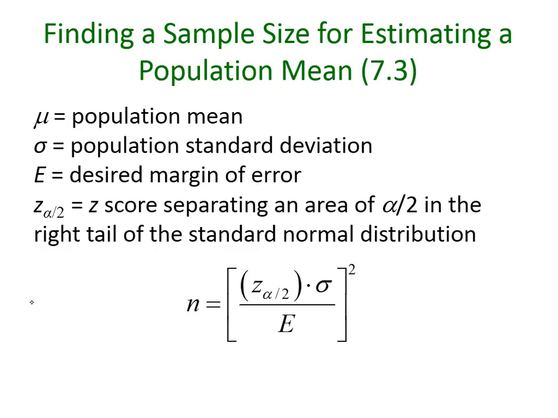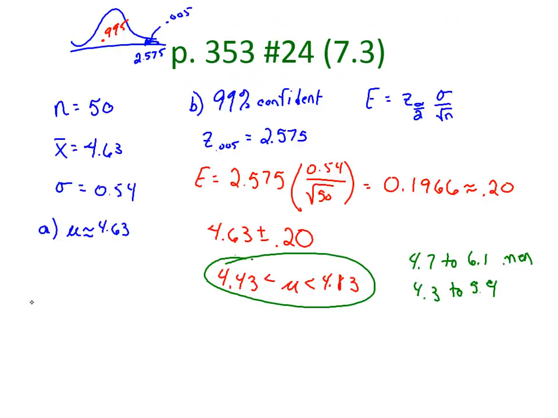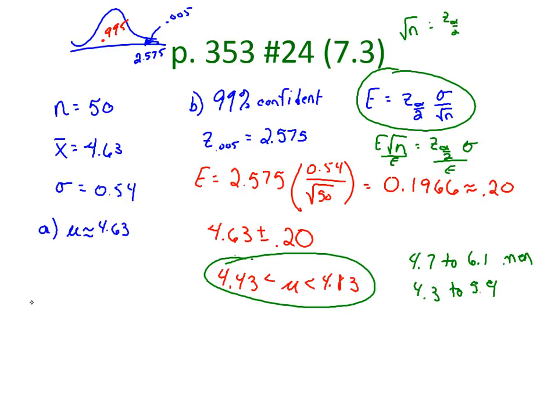Okay, looking at figuring out how big the sample needs to be then. If I come back to here, if I want to solve this equation for n, to get n by itself, I would multiply both sides by the square root of n and have e times the square root of n equaling z times sigma. So to get n by itself, I would divide by that margin of error and have the square root of n equaling z times sigma over e.